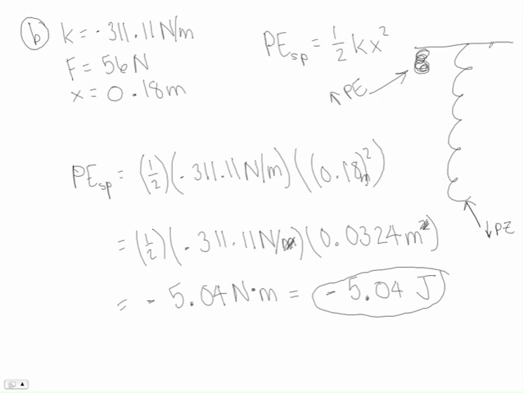And so they're saying when you stretch your spring 0.18 meters, you're going to have a negative 5.04 joules of potential energy. And that's because you're stretching it. It would have more potential energy if you had it close and squished. It would be a positive amount. Okay, but this is saying that it's lost potential energy. And so that's kind of what's going on in this one.